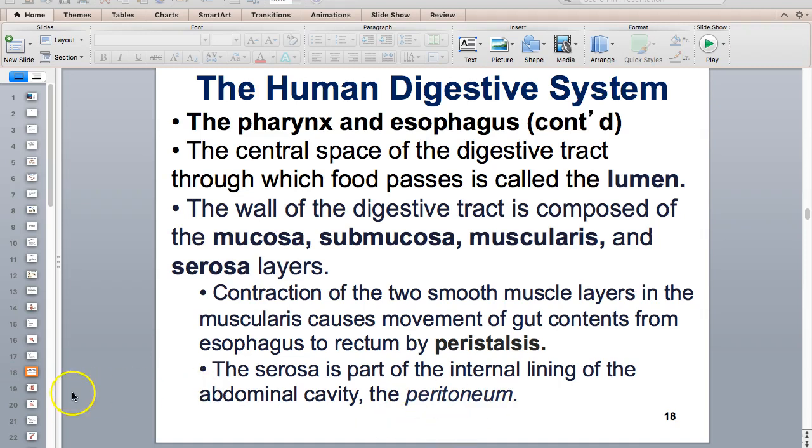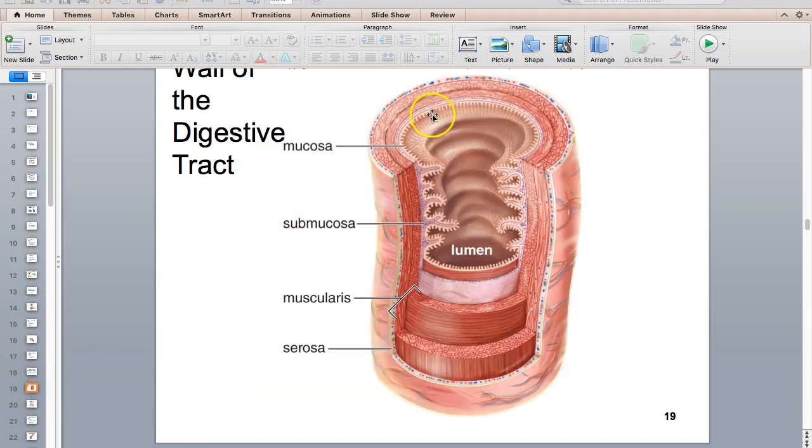Okay, so again, let's look at that picture. You should know that these are the 4 layers of the wall of the digestive tract. You should know the outermost layer is the serosa, then the muscularis, then the submucosa, and then the mucosa, and the lumen is in the middle there.